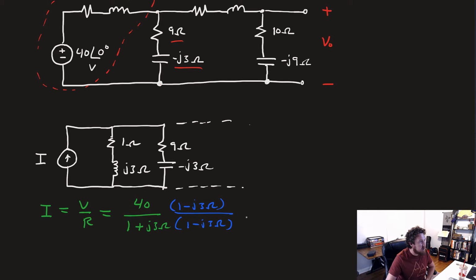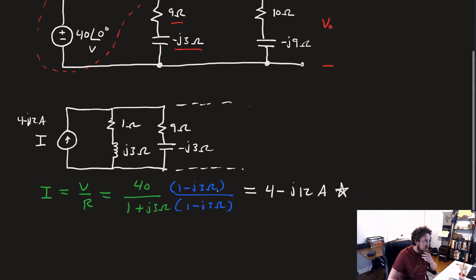And like I've been doing, I'll let you finish that arithmetic. But when you wrap it up, you should get that I is equal to 4 minus j12 amps.